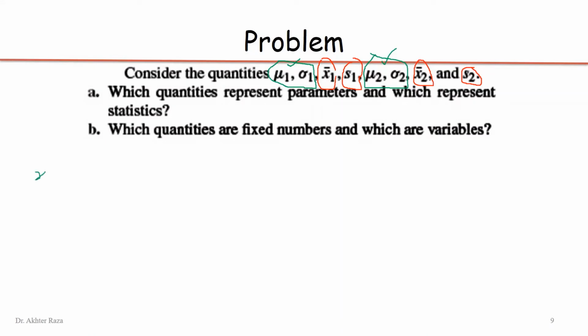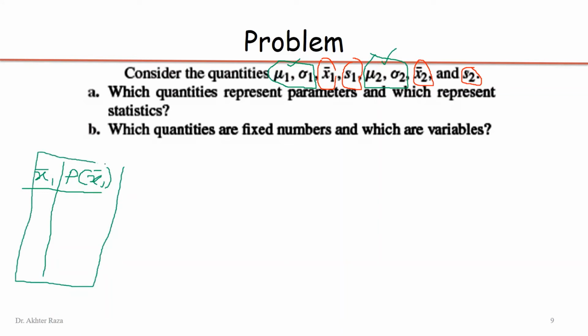This is the sampling distribution of the first sample mean. If we have two columns, X bar and P of X bar, this is the sampling distribution of the first sample mean. But we can construct the sampling distribution of the difference of two means, like X bar 1 minus X bar 2. This is my random variable.